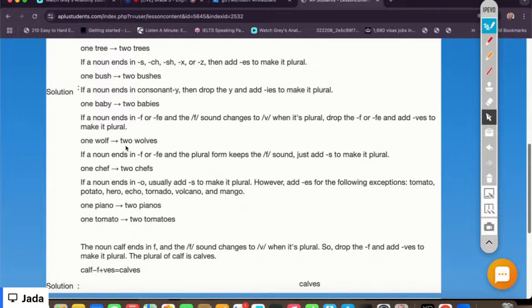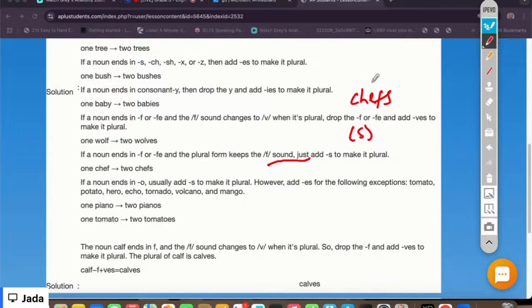All right, so we have, if the noun ends with F or FE and the plural form keeps the F sound, then you just need to add S. So we just add S, okay? So just like chefs.